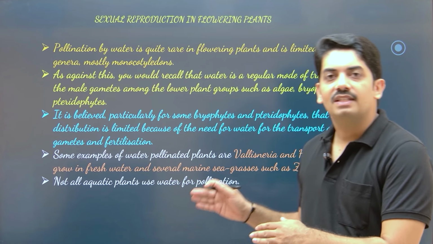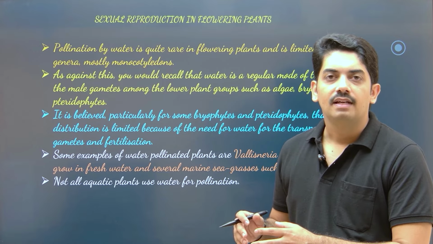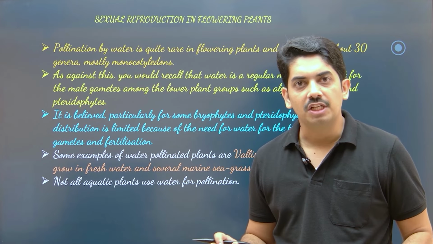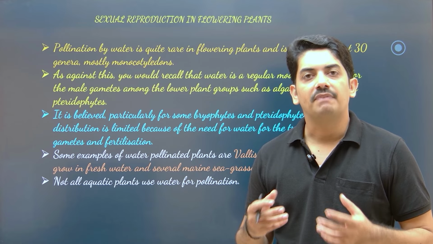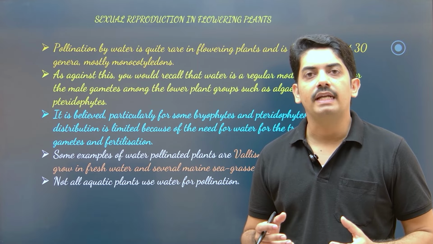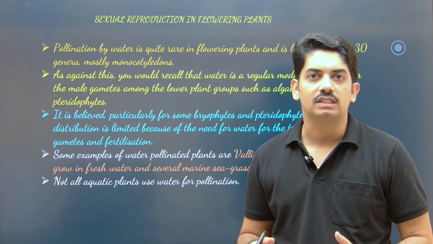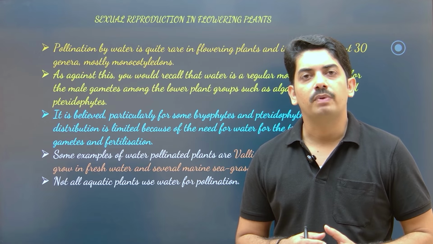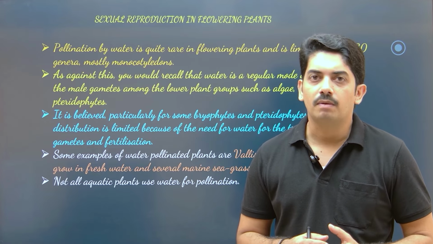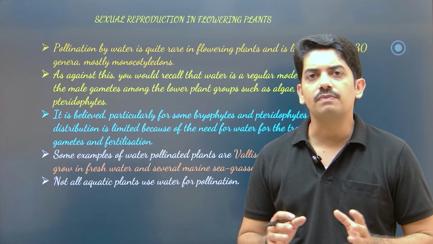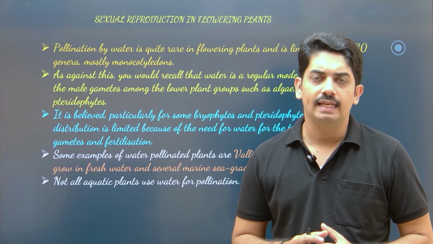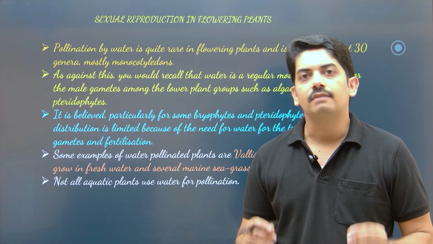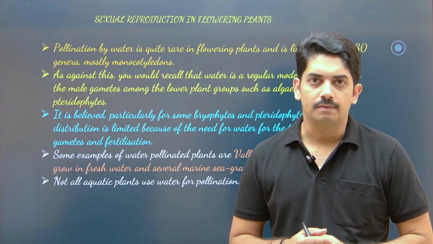But just observe the flowering plants. Now the scenario has completely changed, because these flowering plants are concentrating more on the biotic pollinators, not on the abiotic component to act as a medium for pollination. So that is why only 30 genera of plants are confined to water pollination.